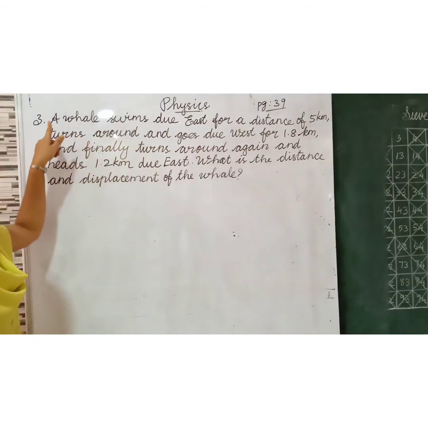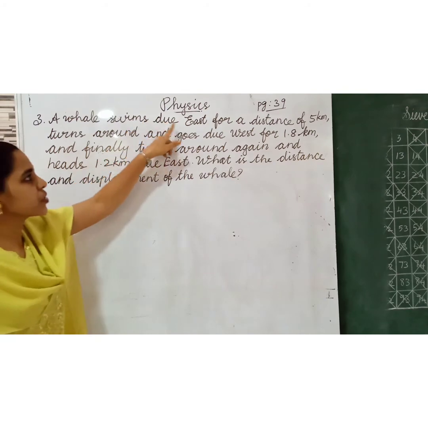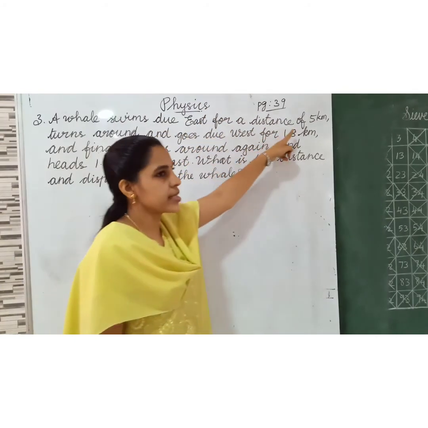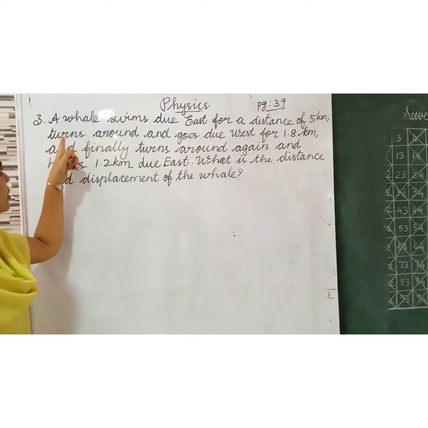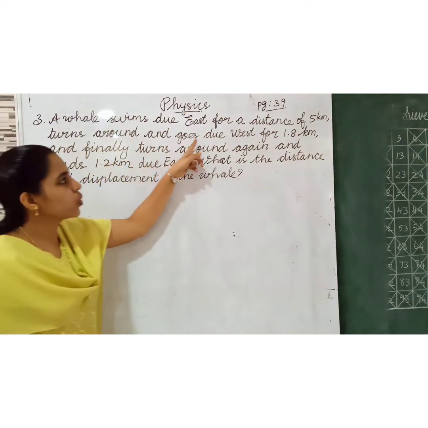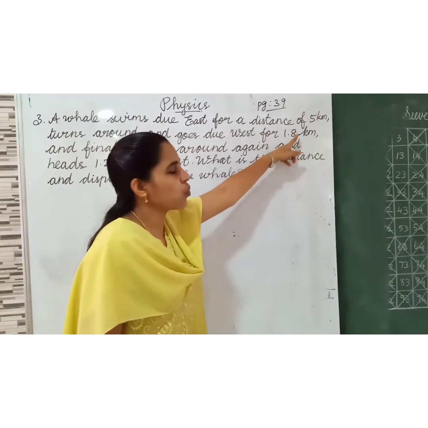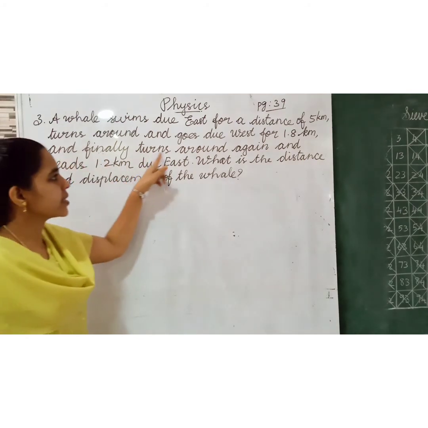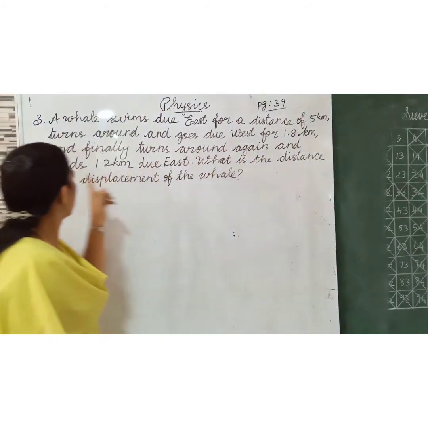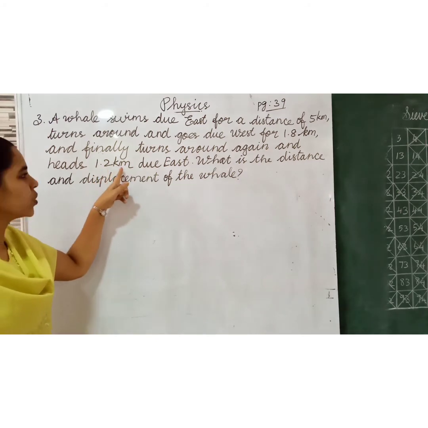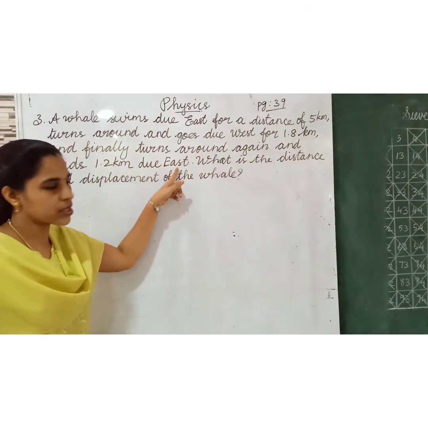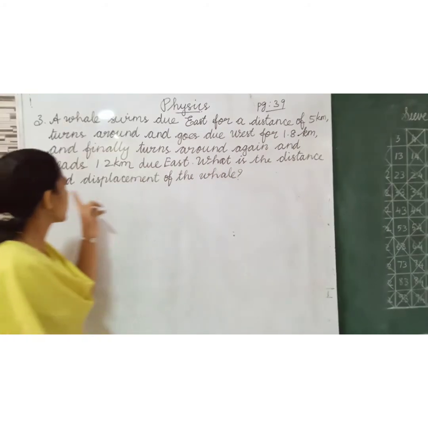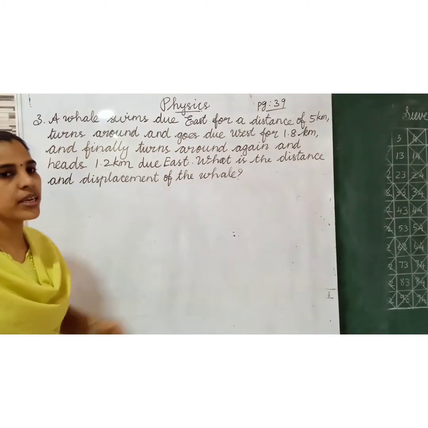Listen to the next question. A whale swims due east for a distance of 5 kilometers, turns around and goes due west for 1.8 kilometers, and finally turns around again and heads 1.2 kilometers due east. What is the distance and displacement of the whale?